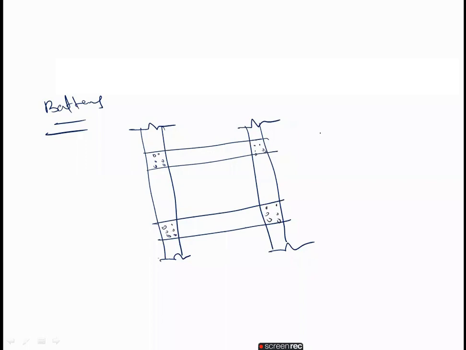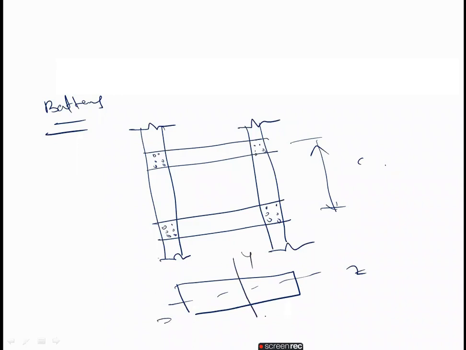This is a channel section, and here the section is like this, with axes ZZ and YY. So this is the battened column. This battened column most probably we will see in railway stations. I will show you all the diagrams.